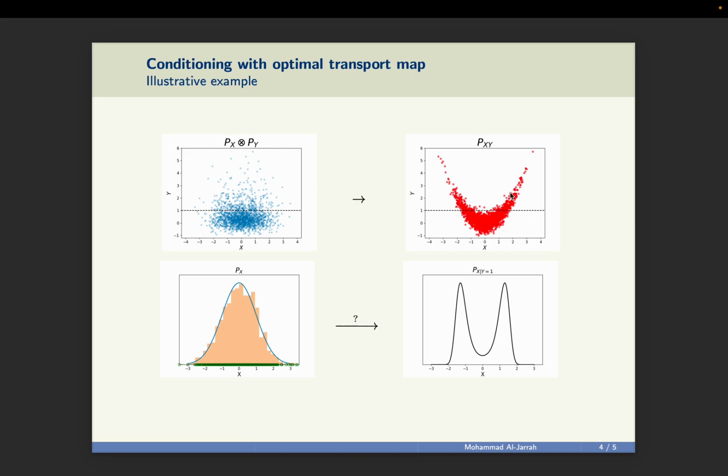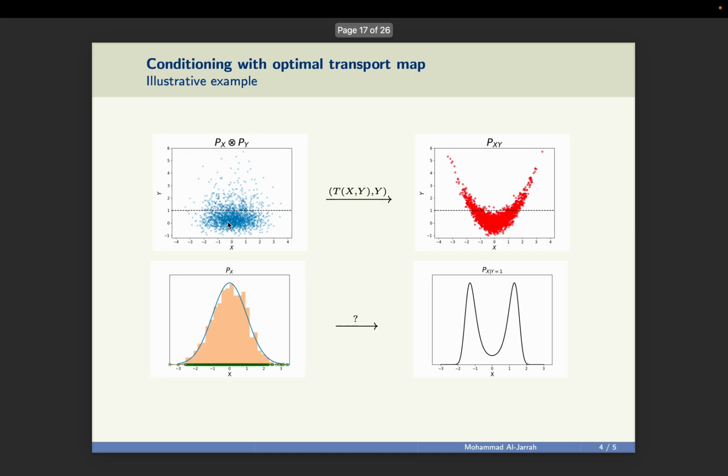Taking these particles from the joint coupling, we generate the independent coupling by shuffling x, and after that we learn a map T that moves these particles from the independent coupling p_x p_y to the joint coupling p_xy, and this is how the new transported particles will show up here as the green dots.